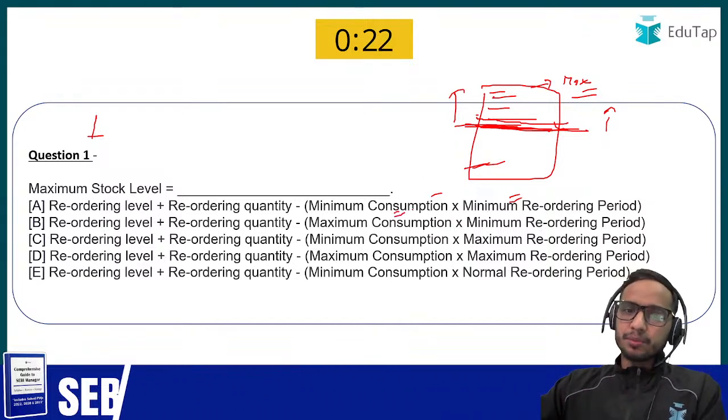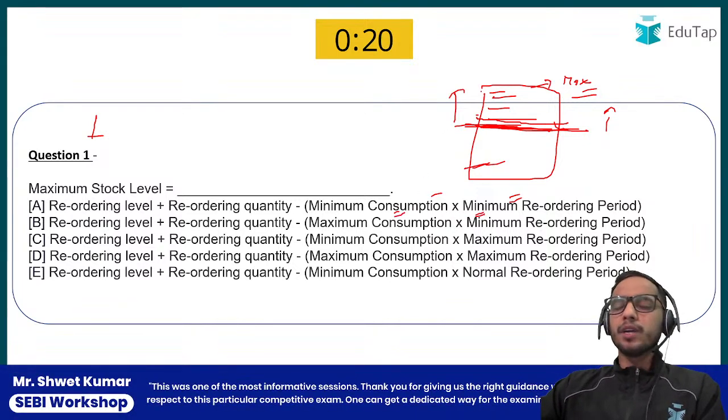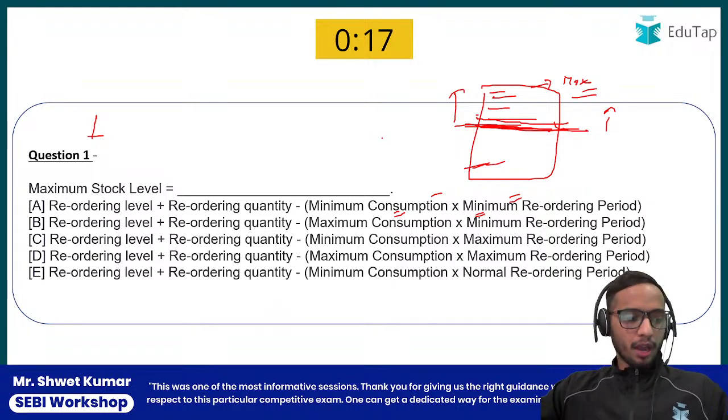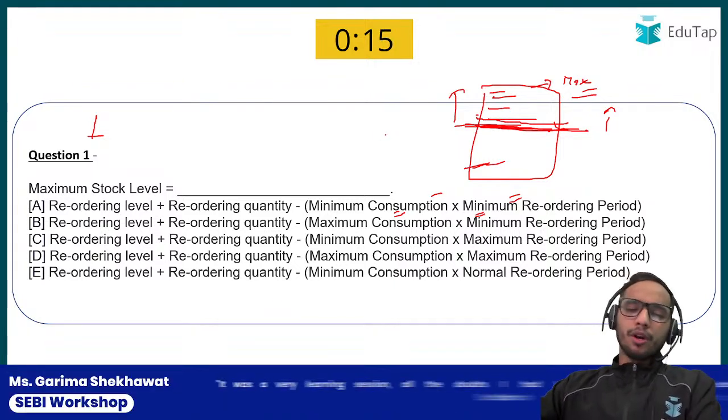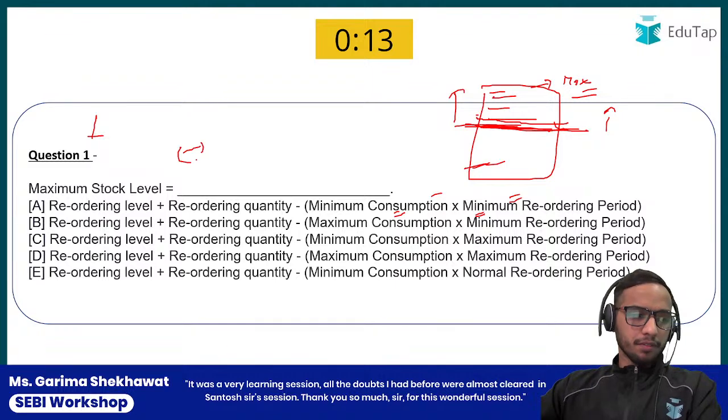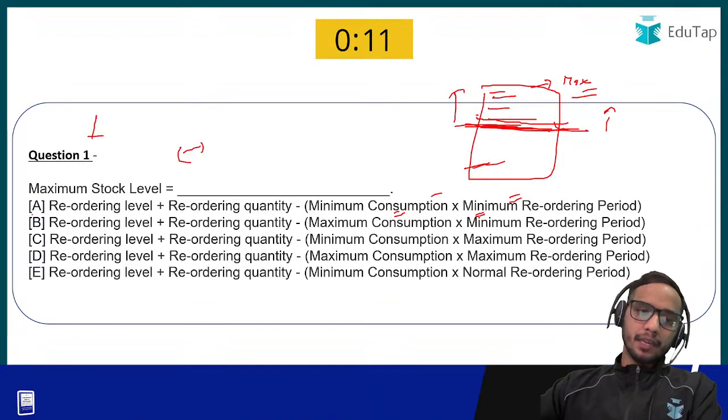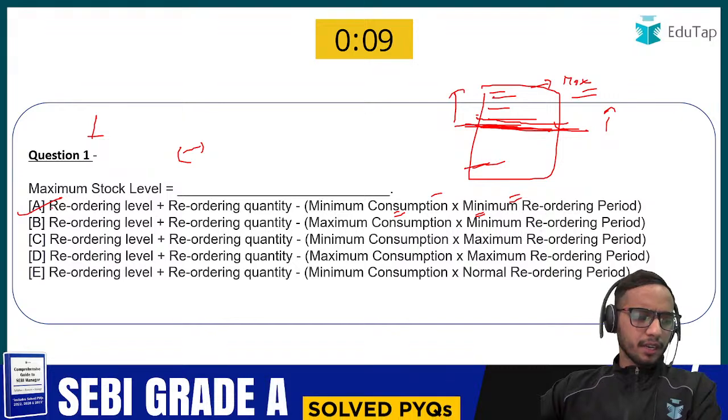So minimum consumption multiplied by minimum reordering period, you are going to deduct from it. So you are going to have your maximum stock level. Okay? Everyone is clear? So the answer is option A. Very nice. Most of you are correct, hai na?